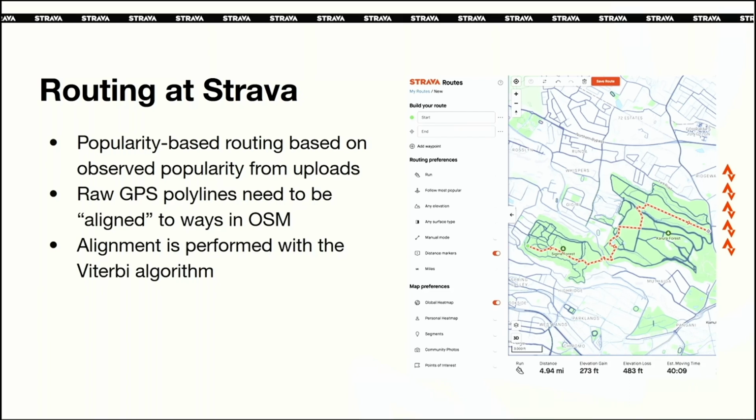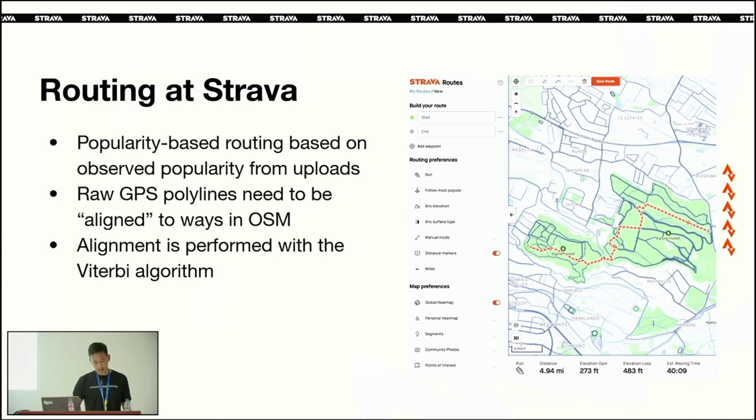What that means is we take the GPS traces that you upload after your run or ride, and we need to align them to ways in OSM. Alignment is performed with an algorithm called the Viterbi algorithm. We basically normalize the heat in a region to give you the most popular route in a particular region, or the most popular way to get from point A to point B.